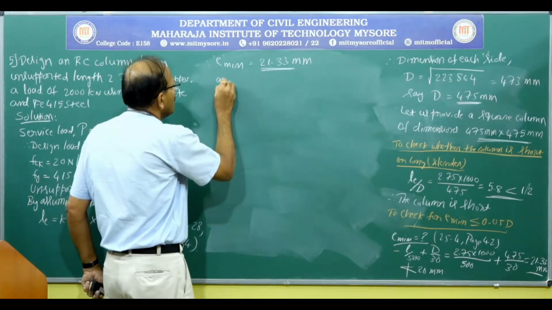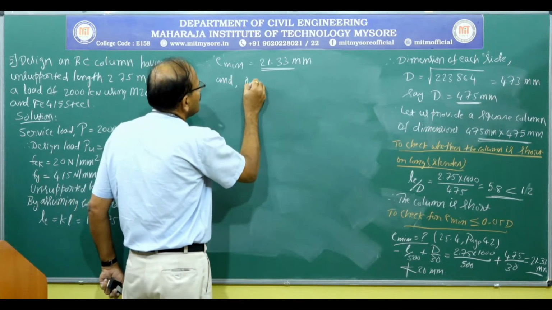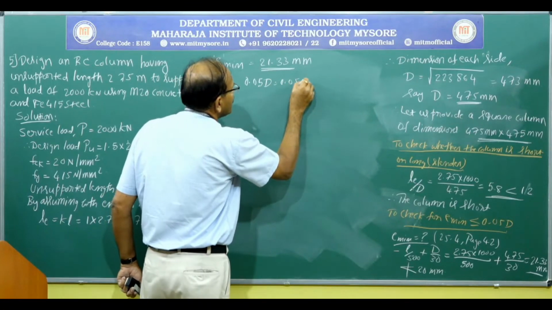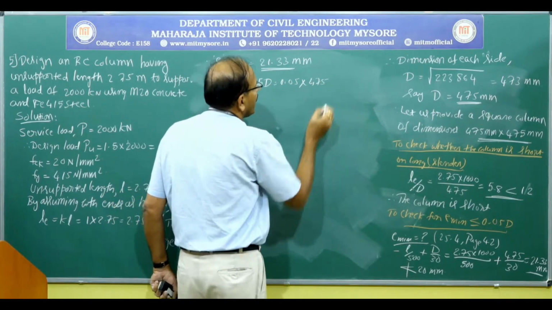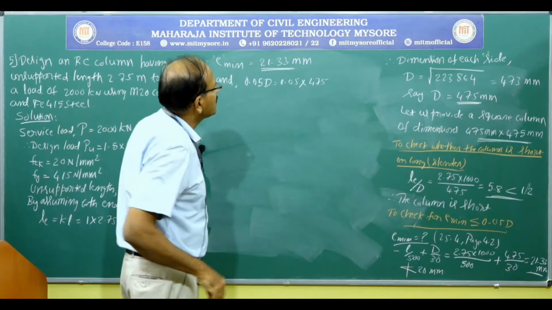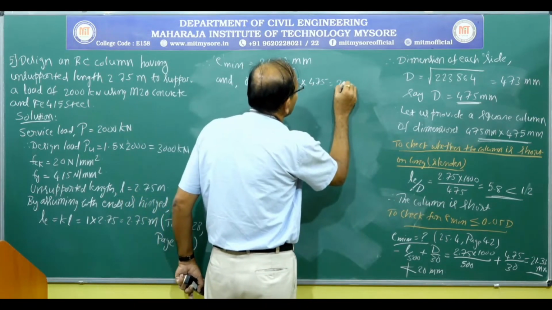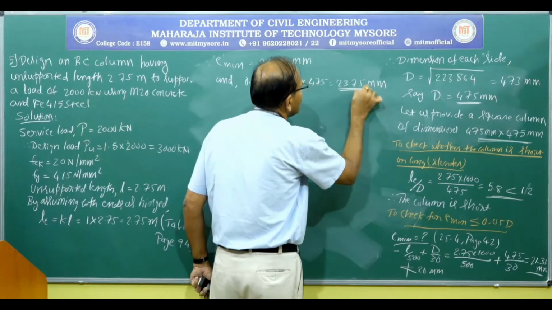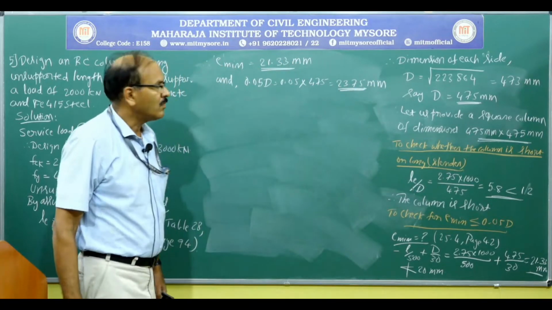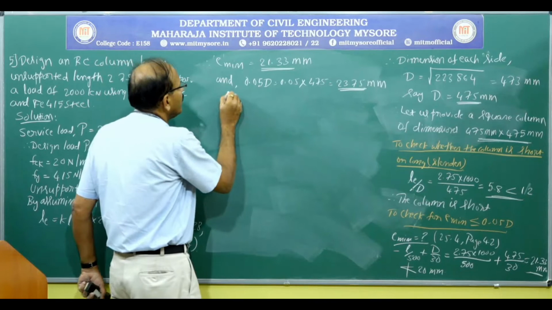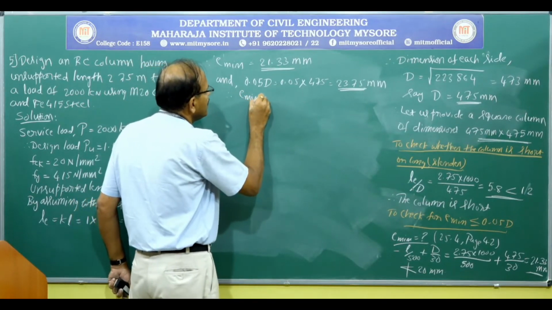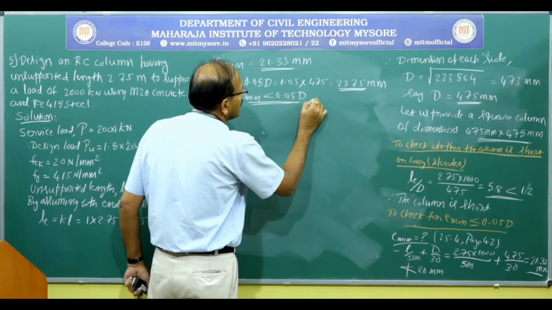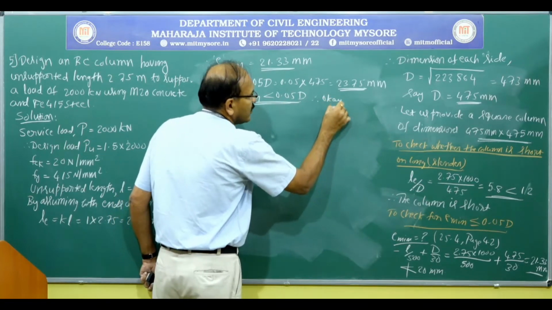and 0.05 D equal to 0.05 into 475, that is 23.75 millimeter. Therefore, here E minimum is less than 0.05 D. Therefore, OK.